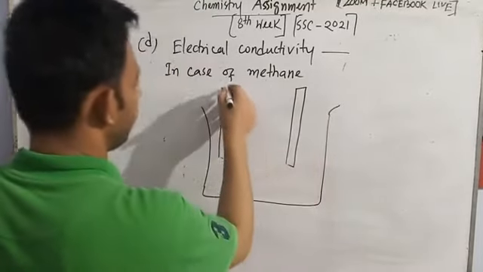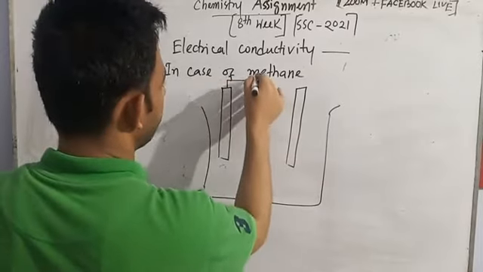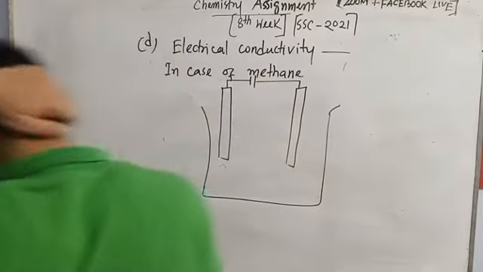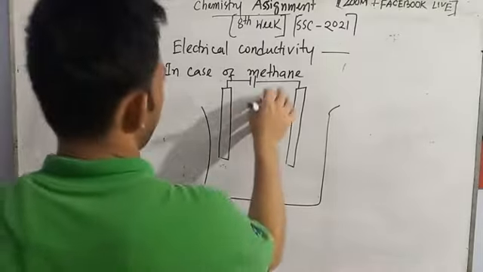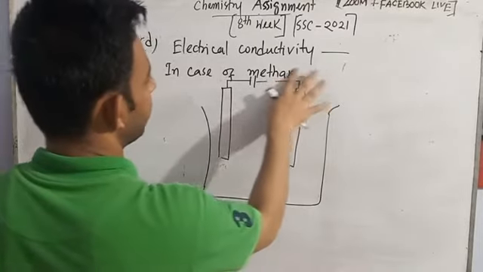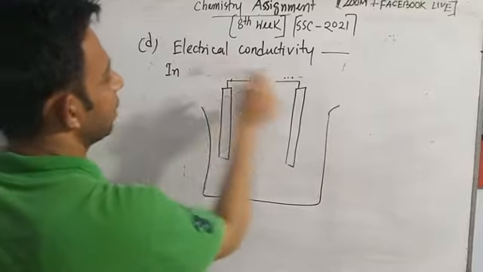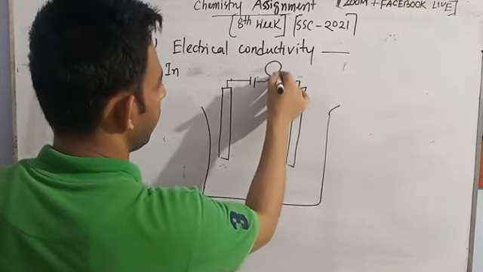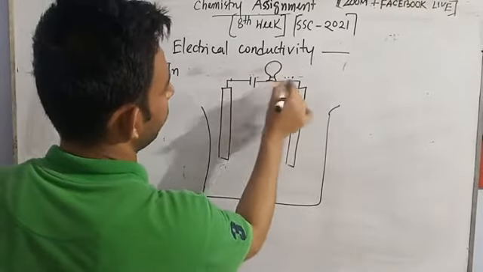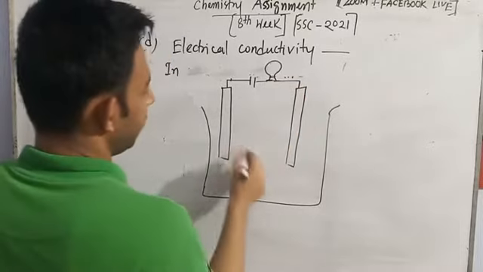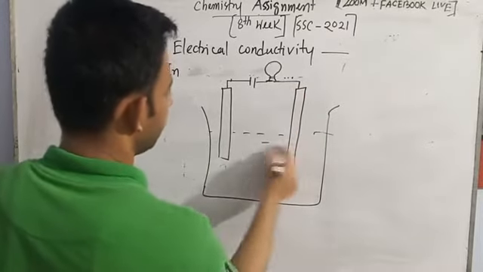I think you heard the names before. Okay, listen now. I'll make a bulb here. In case of methane, I need to draw a bulb-like structure there, connecting, and here the solution.